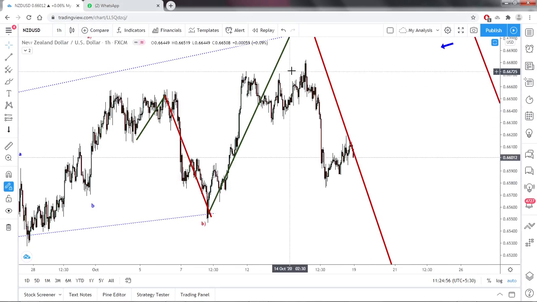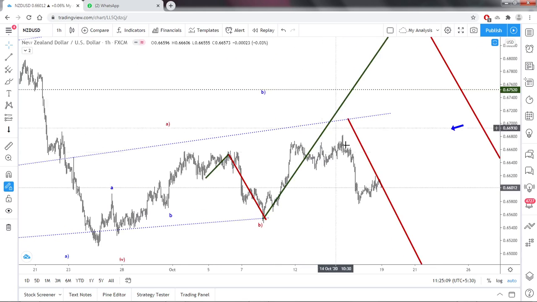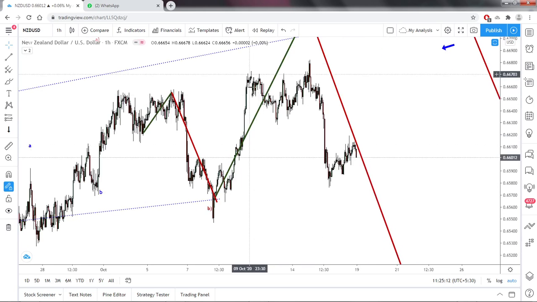See, here we can't make it a 5-wave structure. This A, B, C is very well defined here, identify. But this portion could be an irregular flat also, an expanded flat.